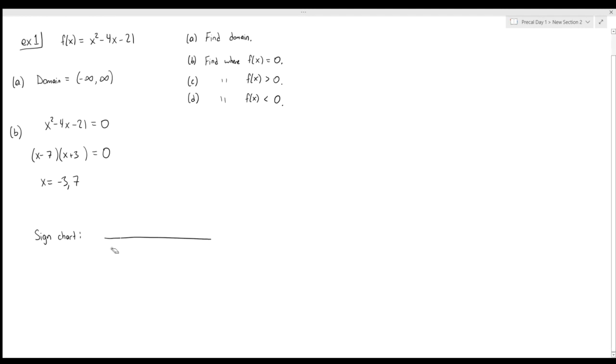So what we do in the sign chart is, I'm going to draw a number line. And for a polynomial like this, I'm just going to mark down the two zeros that we found. So we have one 0 at -3. We've got another 0 at +7. Now also, off to the side, let me draw a little picture.